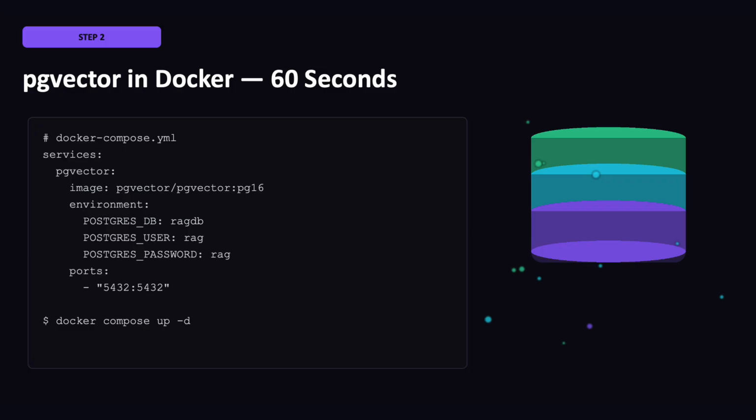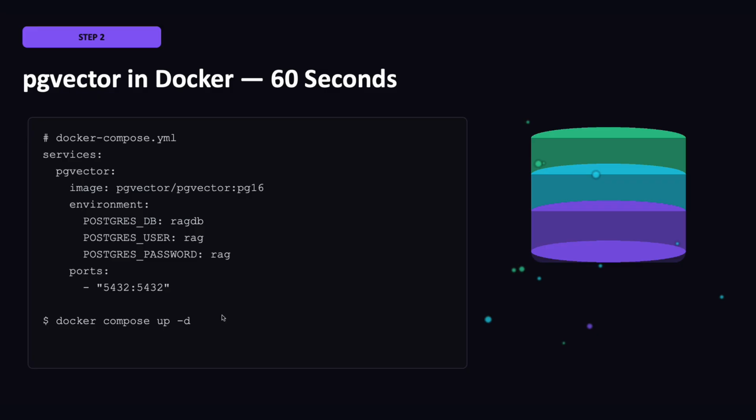Their DBA team already knows how to back up, monitor, and scale Postgres. That's the real, practical reason pgvector has become so popular. It's AI capability without new operational overhead.